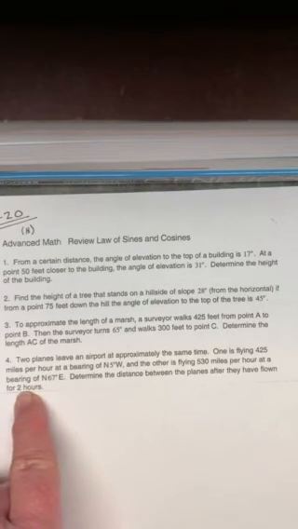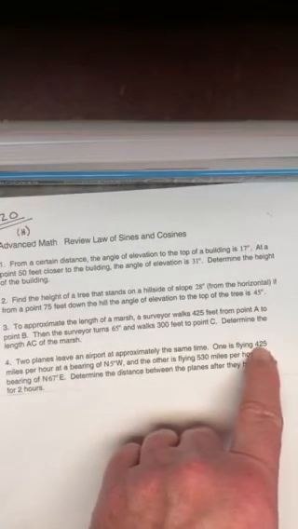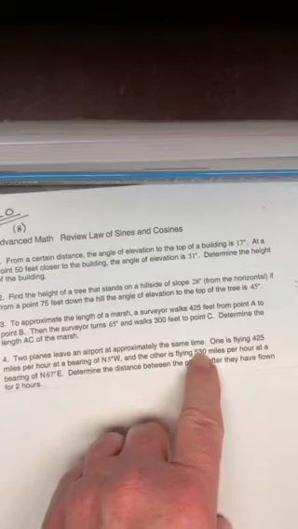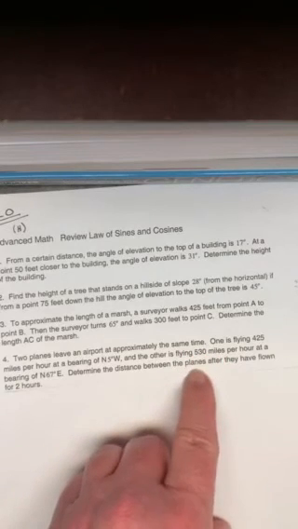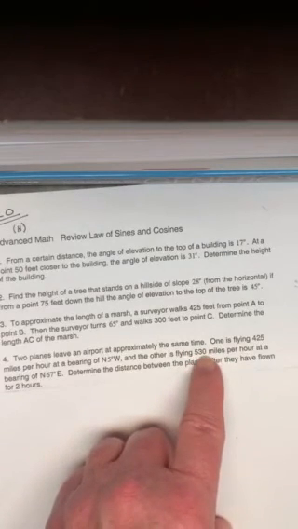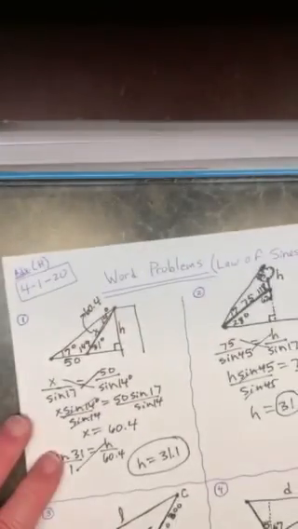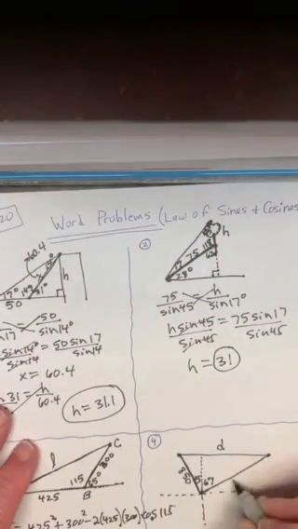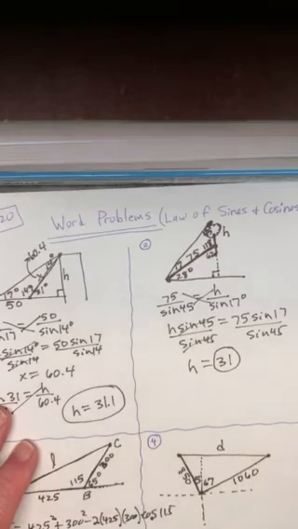So if the first plane was flying 425 miles an hour for 2 hours, that'd be what, 850? The other guy was going 530 miles an hour for 2 hours. That'd be what, 1,060. So we will label the first plane's distance traveled as 850, and the other plane's distance traveled as 1,060.